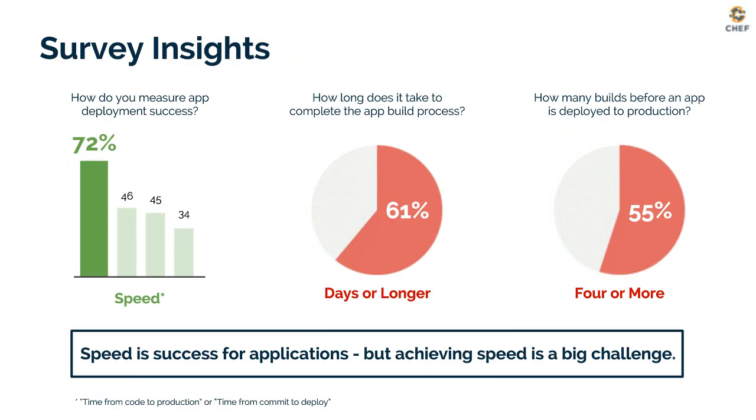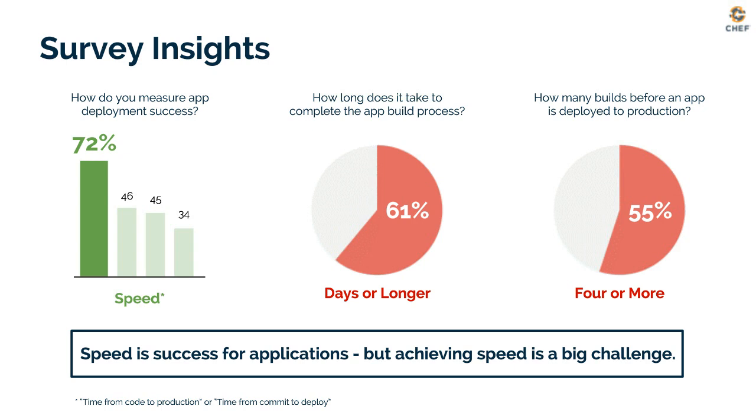Now, one question we asked was, how do organizations measure successful application deployment? And it's pretty clear that speed is what people are after. 72% named that a key metric for application deployment success. We also had compliance audit success, change failure rate. These things rank highly as well, but well behind speed.